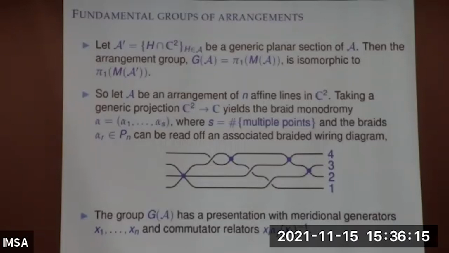Okay, so I won't say more about presentations. Just to emphasize that the generators are meridians, and the relations are all commutators of generators. Why is that? Because these are pure braids, alpha j, so they send an xi to a conjugate of xi itself.